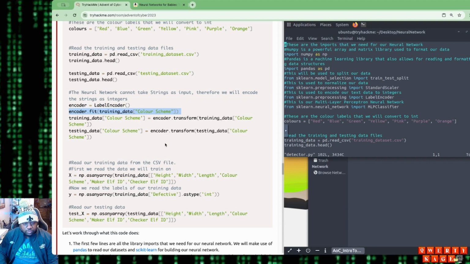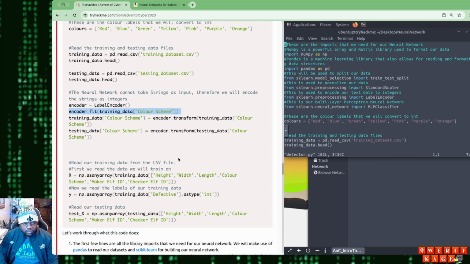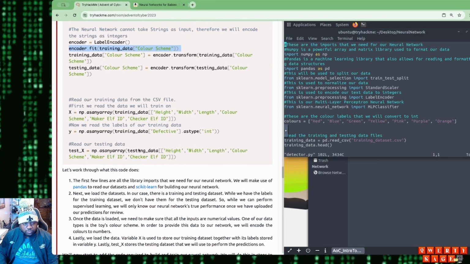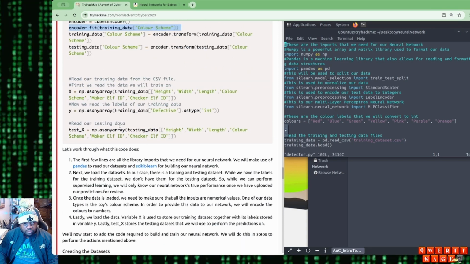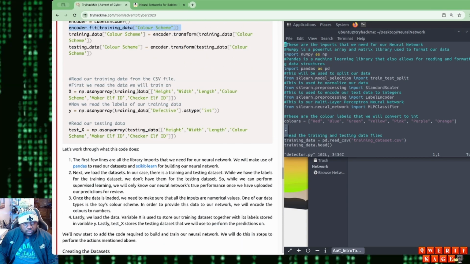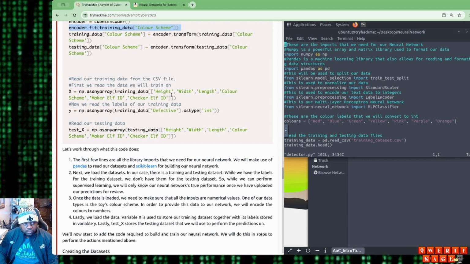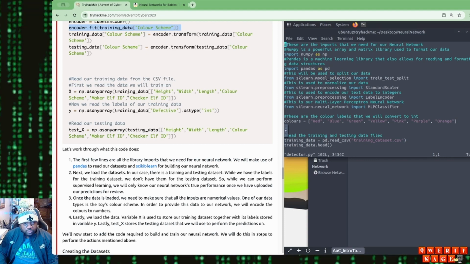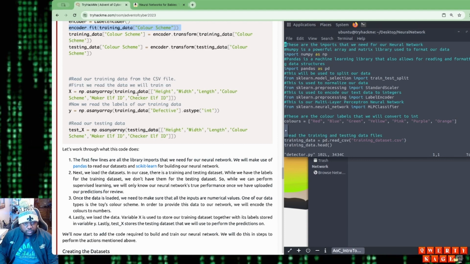Transform. Okay, it's going to encode those strings as integers. And then we're going to make an array.